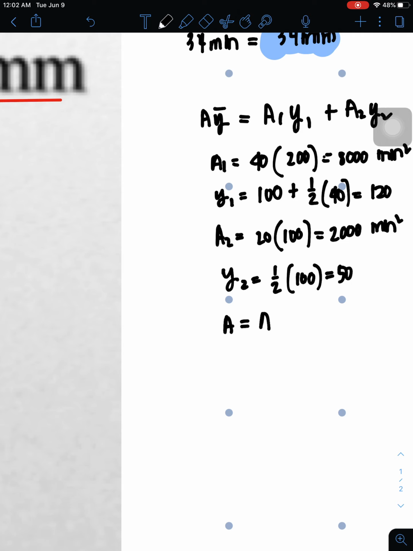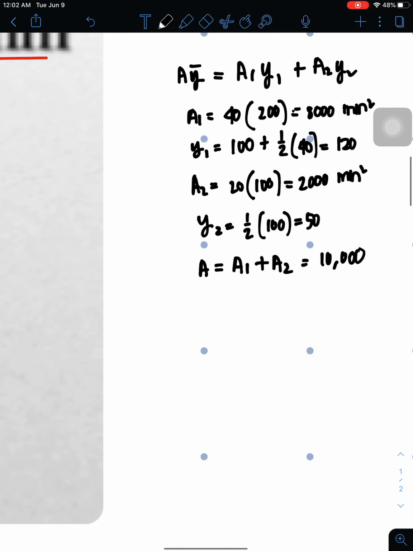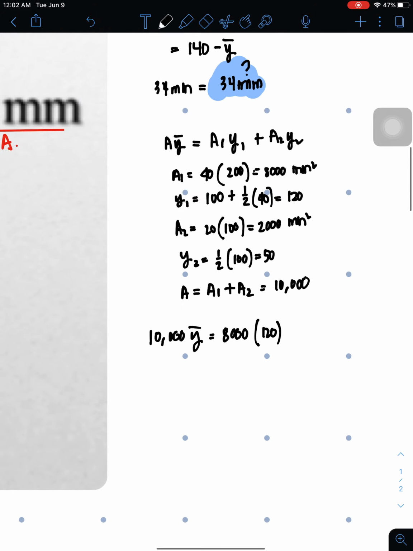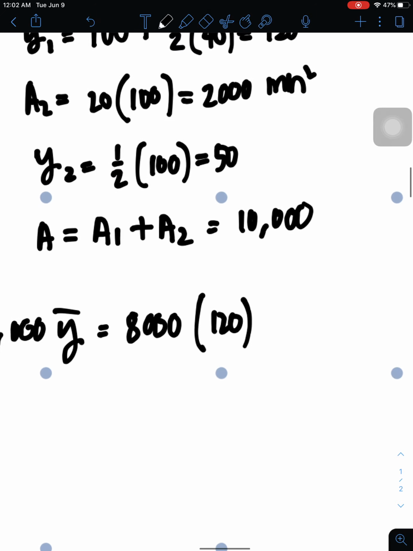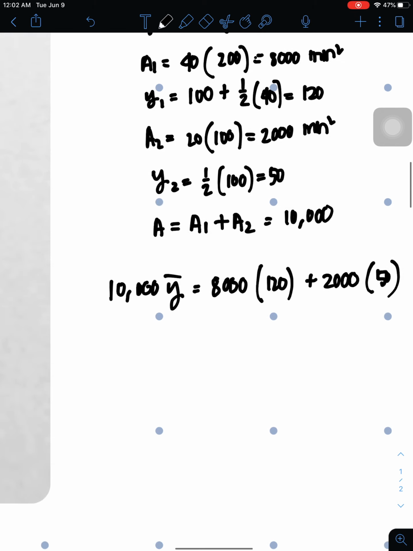So let us get the total area. It's actually area 1 plus area 2. So the total area is 10,000. Okay, let's rewrite. So that's 10,000 times barred Y equal to 8,000 as area 1 times 120 as the Y1, then plus 2,000 times 50.